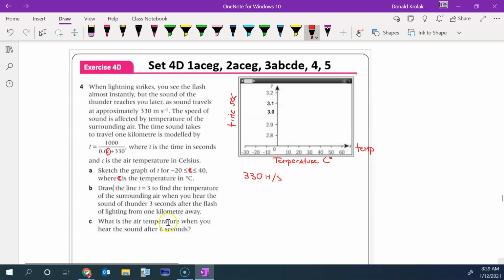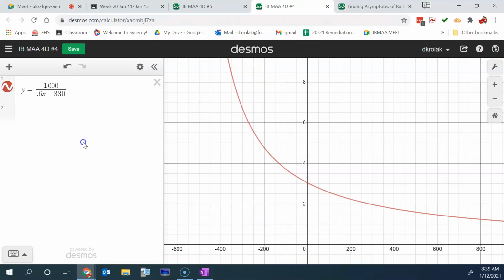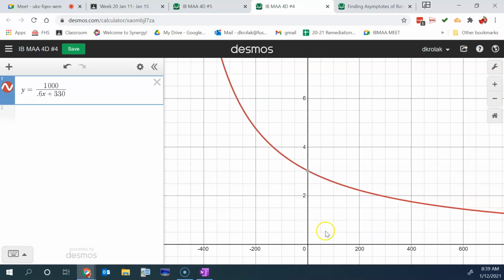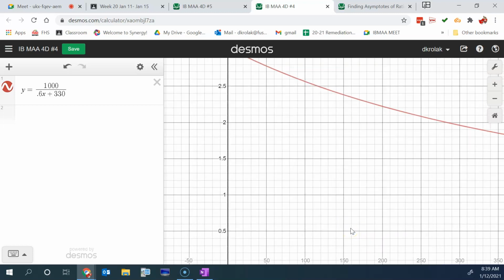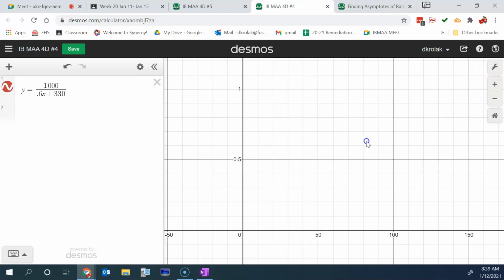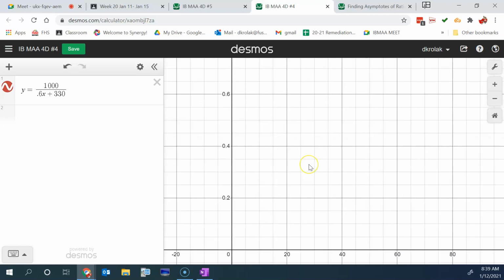All right, so I sent you a Desmos that has this graph already drawn. I just typed that in and started adjusting it so that I could see the whole thing. Now, if I went from 20 to 40, I don't see anything. What I'd have to do is change my seconds.